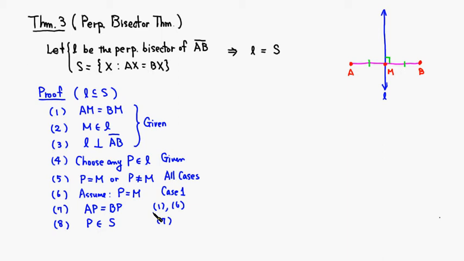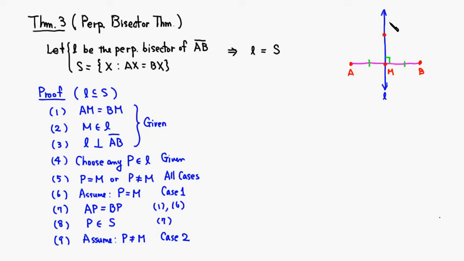And what if? So let's do the second case, 9. Assume that P is not equal to M. So this is the second case, case number 2. Which means that P is going to be somewhere around here.